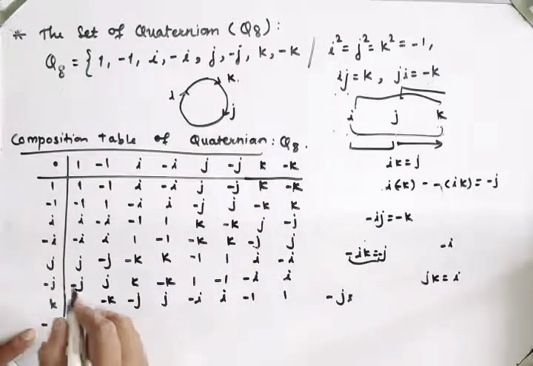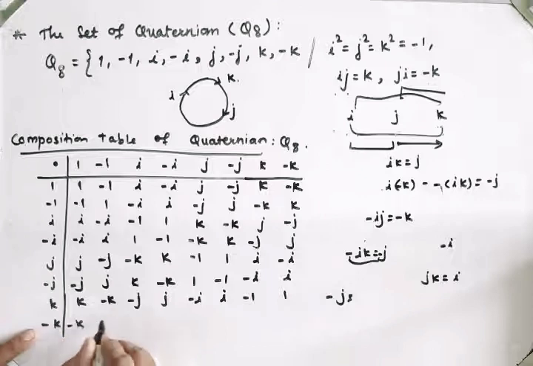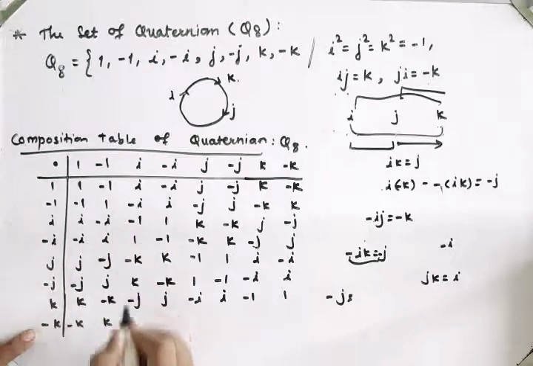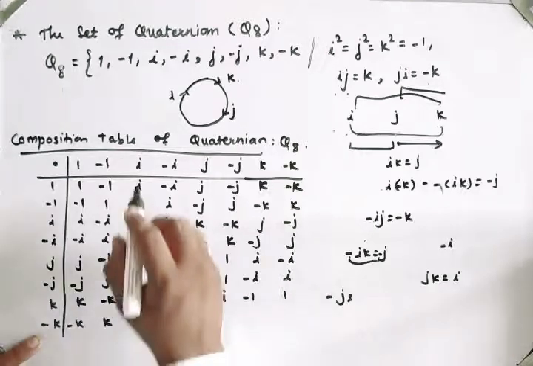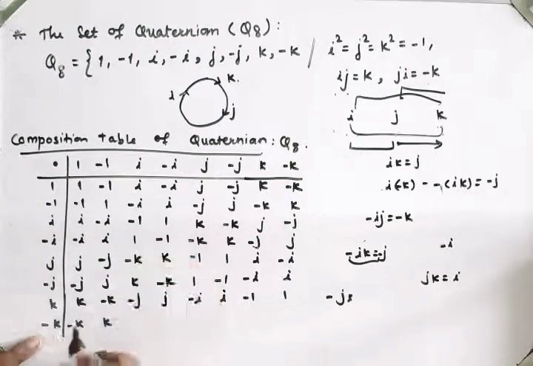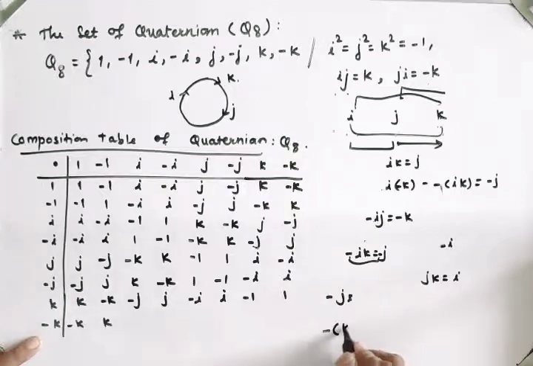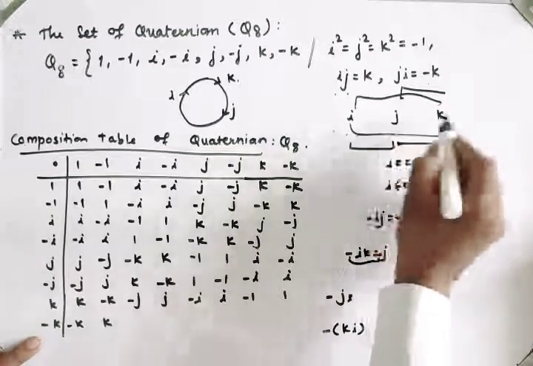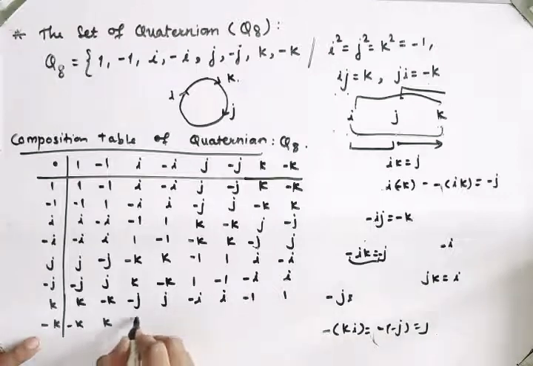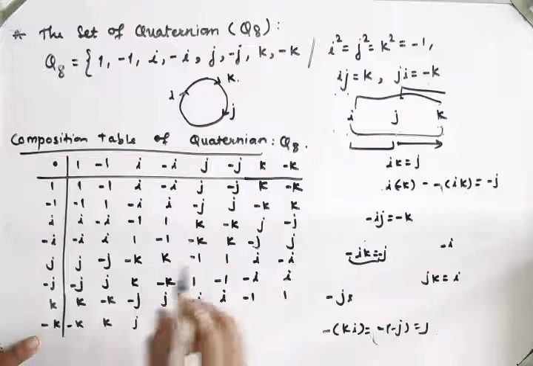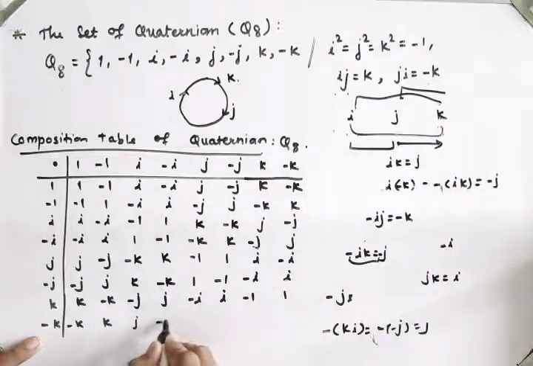Last operation will be minus k, plus k into i. Next minus k into i, so minus sign as it is, k into i, this is the opposite operation, so minus j, so minus of minus j which is j. Next minus k into minus i, minus minus plus, so k into i, which is minus j.